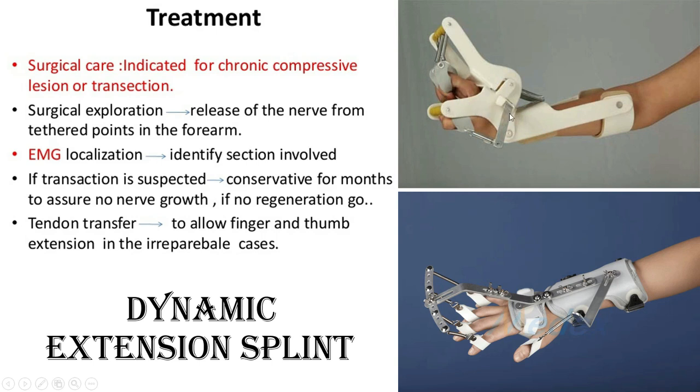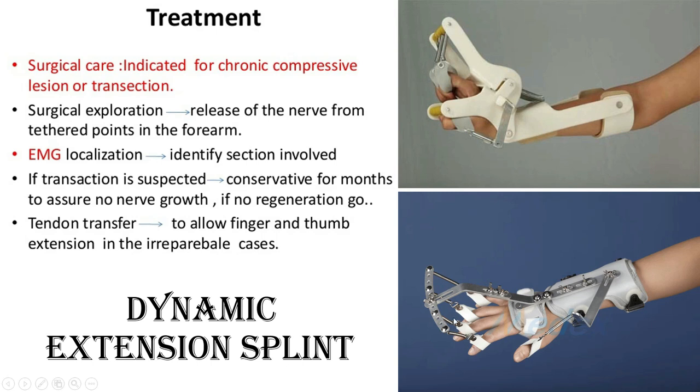Now we have to go for EMG NCV, which can confirm the diagnosis, and we also give a dynamic extensor splint. What do we mean by dynamic extensor splint?